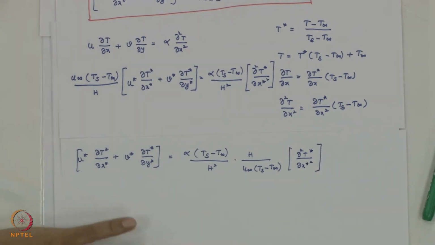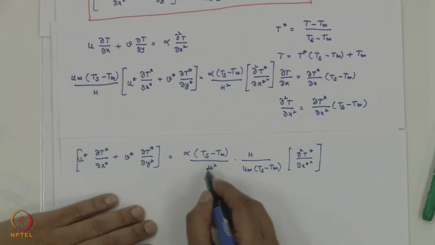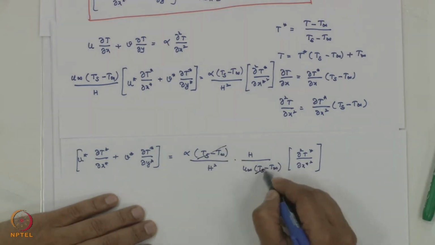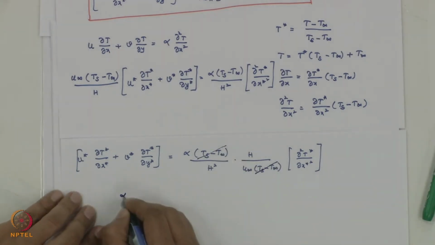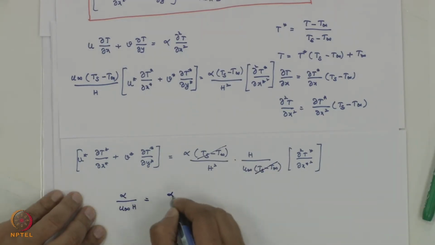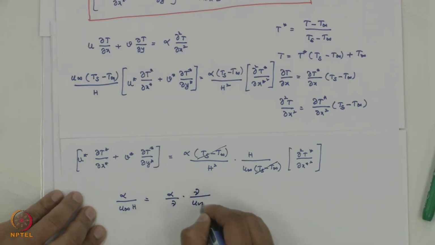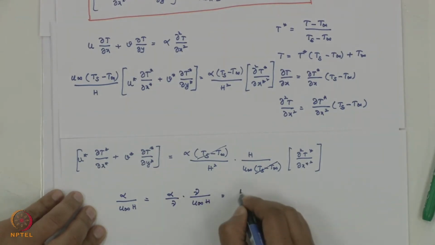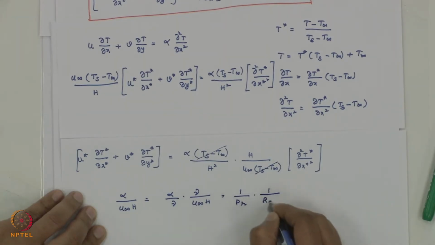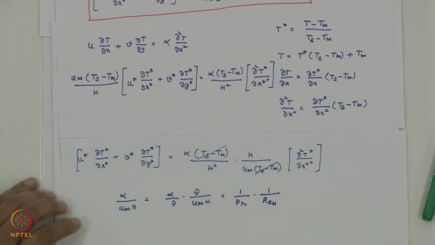Okay, so now what do I get from this? This Ts minus T infinity gets cancelled out. So I get alpha by u infinity h. So what I do is alpha by nu into nu upon u infinity h. I have multiplied and divided by nu. So nu by alpha is the Prandtl number and u infinity h by nu is REH.